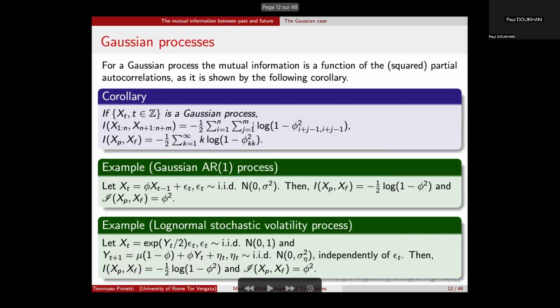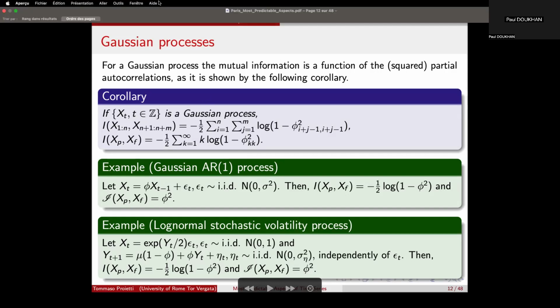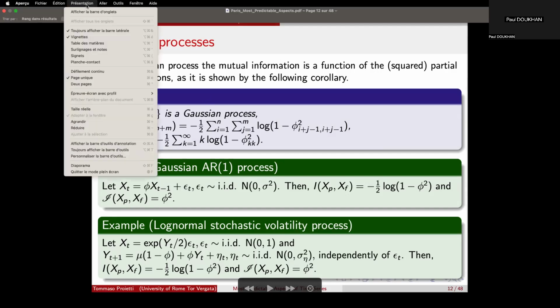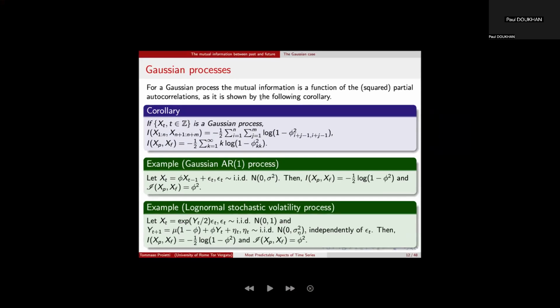Okay, so this specializes in the Gaussian case very nicely, because the partial dependence measures are a function of the partial autocorrelation. This is the result for Gaussian processes, and this is the well-known formula. So the mutual information is this cumulative sum of the partial dependence measures that we saw before, and they depend on the partial autocorrelation.